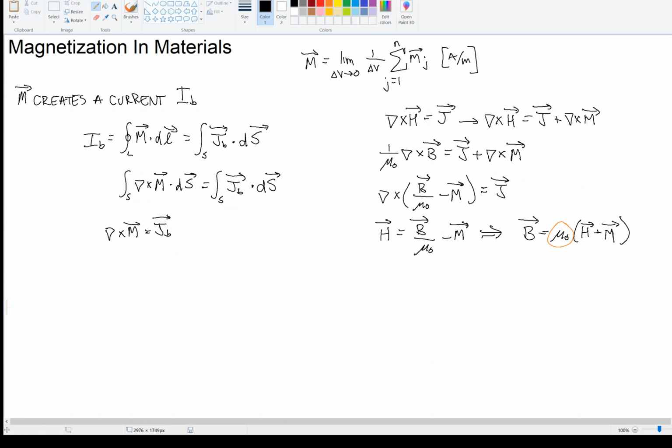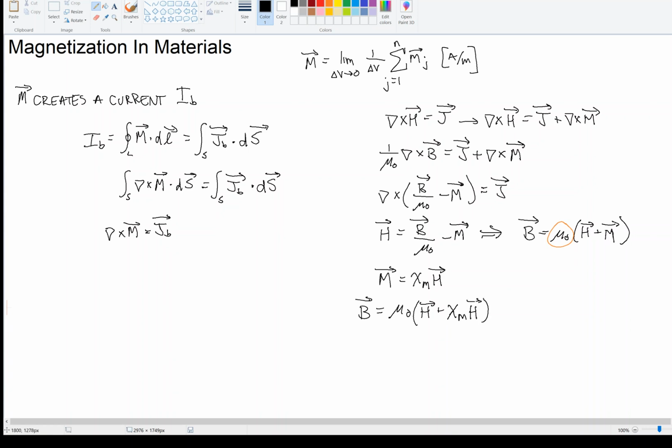And then of course the magnetization term was absent in free space. So in free space M was 0, and we just had B is equal to mu0 times H. So that's not the case in materials anymore, and we're going to say that M is chi_M times H. Okay, and so with that definition, we've already talked about the magnetic susceptibility, we can rewrite the B field like this.